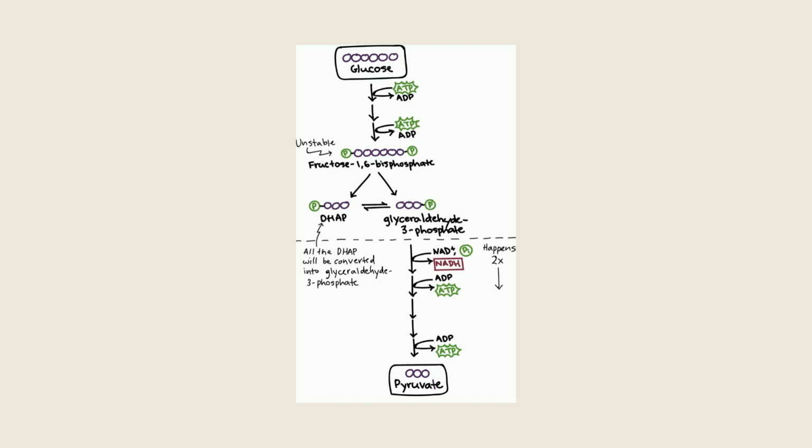So we have two phosphate groups combined with the glucose, and this will form fructose 1,6-bisphosphate, which is an unstable form of our glucose.